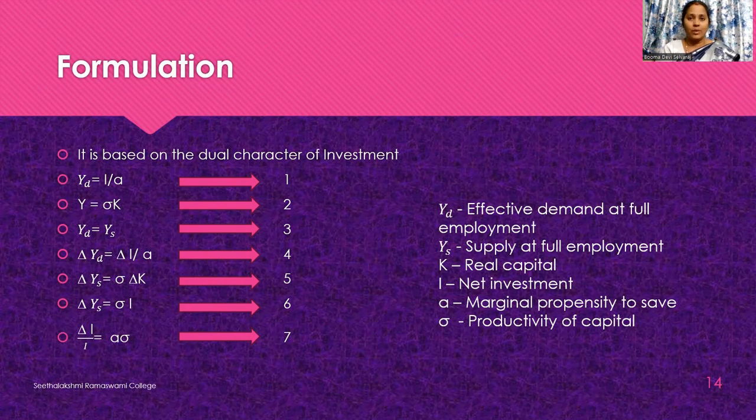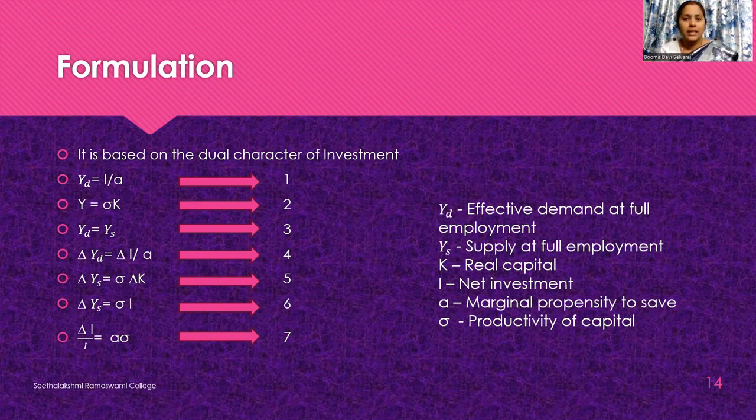Change in Y_S is equal to sigma into change in K. This equation explains that the change in the supply of output equals the product of the change in the real capital and the productivity of the capital. The change in the real capital is expressed as the net investment.